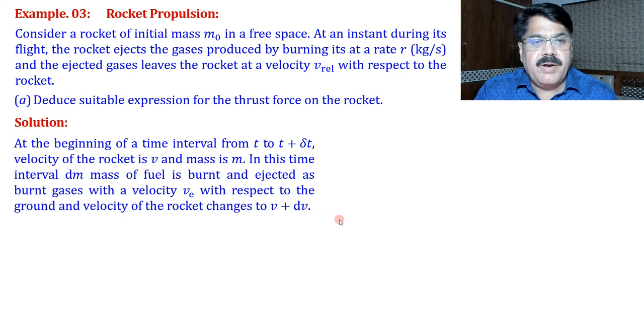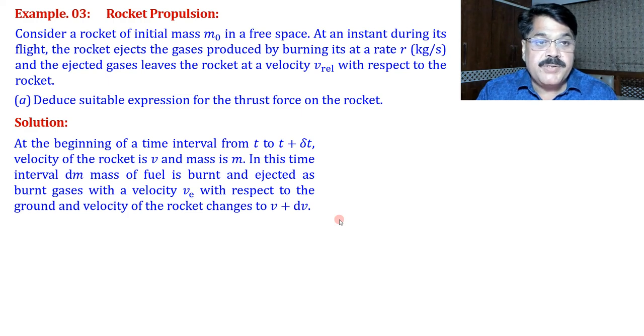What do we assume? We assume that at time t after the rocket has started, it has acquired a velocity v, say. At this time, its mass is m. Now, in a small time interval t to t plus delta t, dm mass of the fuel has been burned and ejected with a velocity ve with respect to ground.